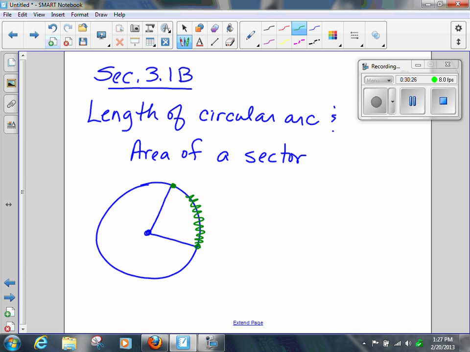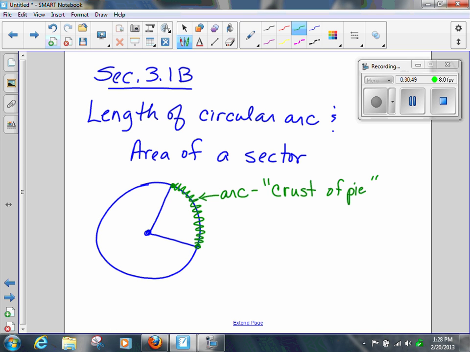You're right. It is there. That is the arc. What's the arc like? It's not the piece. It's the crust. The arc is like the crust of a pie.